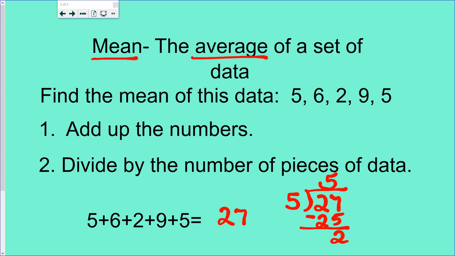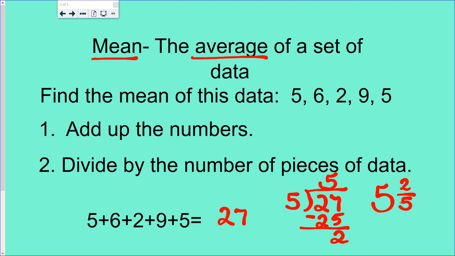Now, when we have this, we don't say 5 remainder of 2. We say the mean is 5, that number on the roof, with the remainder 2 as our numerator, over that 5 that we're dividing by. So when you look for your mean or your average, you'd say it's 5 and 2/5.